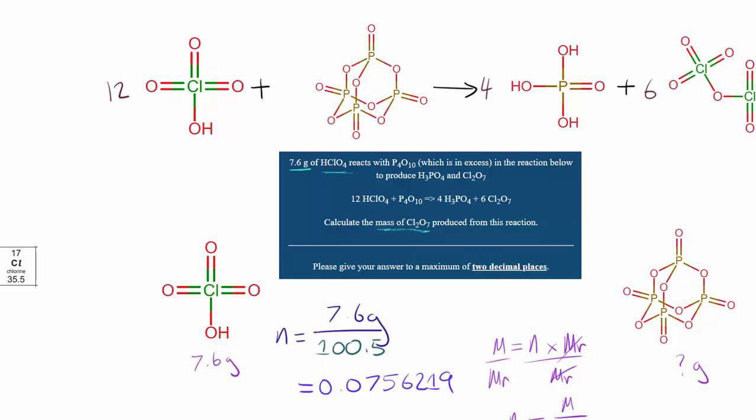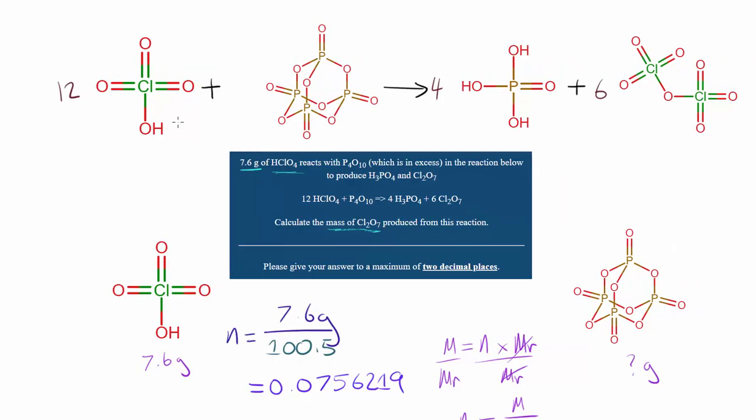If we look at the balanced equation, we can see that the coefficient corresponding with the perchloric acid is 12. And we can also see the coefficient corresponding with the dichlorine heptoxide.